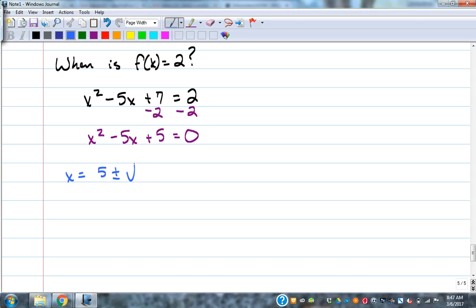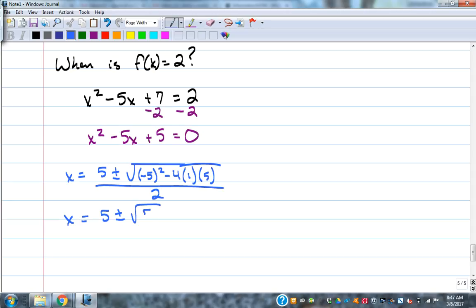Negative b plus or minus the radical of b squared minus 4ac, so negative 5 squared minus 4 times 1 times 5, over 2a. So that's 5 plus or minus the square root of 5, because 5 squared is 25 minus 20. So the discriminant is 5. Does that simplify any? No.